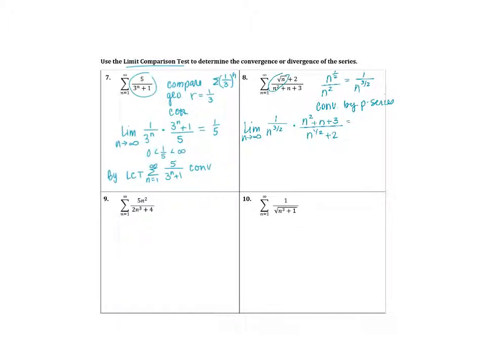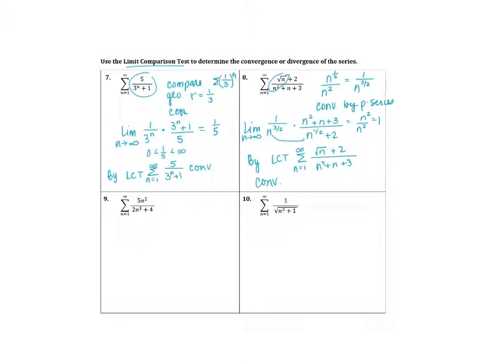It looks like we're going to have an n squared on the top, and then on the bottom, if we multiply those two, that's going to end up with 4 over 2, or n squared. So that's going to give me 1. So here, by the limit comparison test, we see that the series from n equals 1 to infinity of the square root of n plus 2 over n squared plus n plus 3 converges.